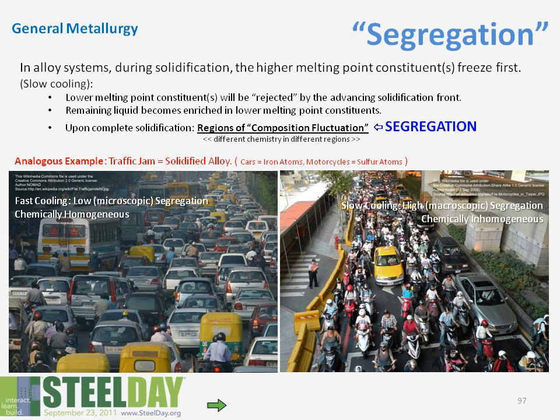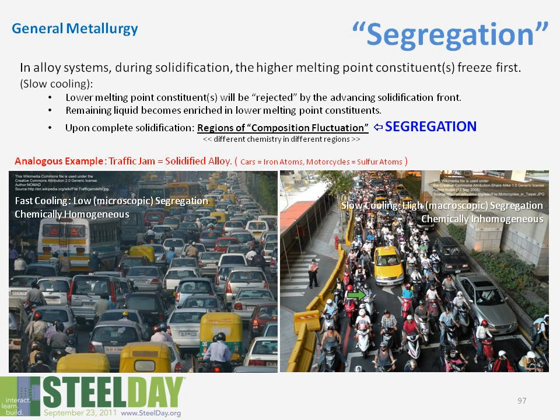If we take our traffic example again, here's an example where traffic came to a very fast halt. If we consider the motorcycle riders, in this case, say they're sulfur atoms, they're very well dispersed through the matrix. So we have very low segregation, very chemically homogeneous, versus a situation where the traffic has come to a very slow halt, very similar to slow cooling.